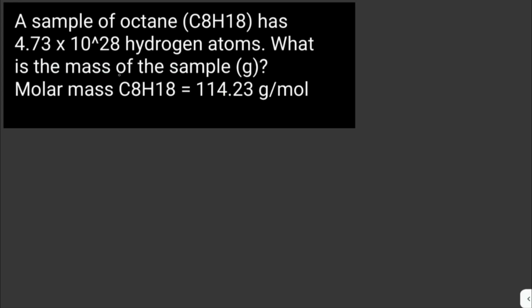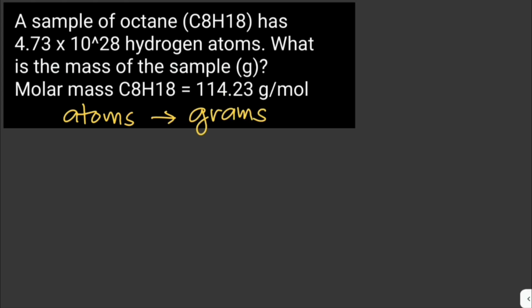But in this case, we're given the number of atoms of hydrogen, and then we need to convert this into mass, or we need to solve for the mass of octane. So atoms to grams.